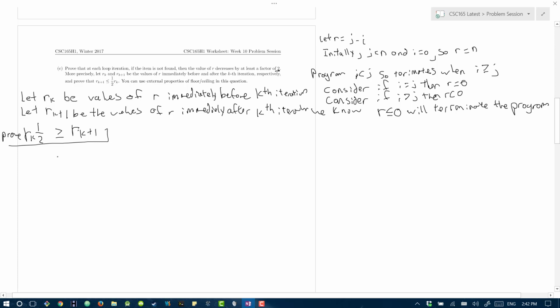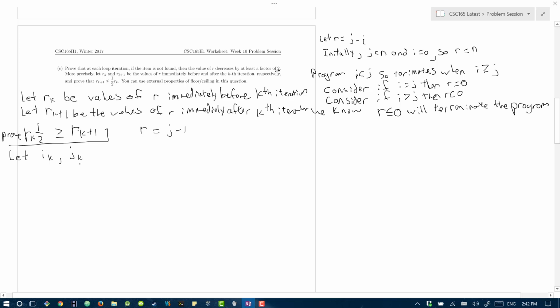Okay, so to prove this, we first declare a couple variables. So let i_k, j_k be the values of i, j immediately before and after the kth iteration.